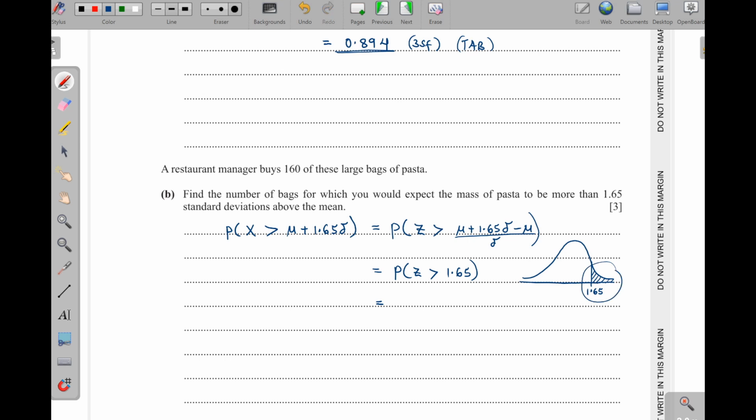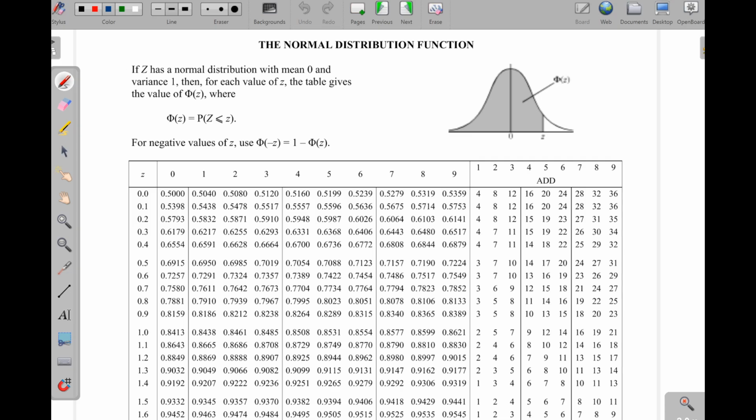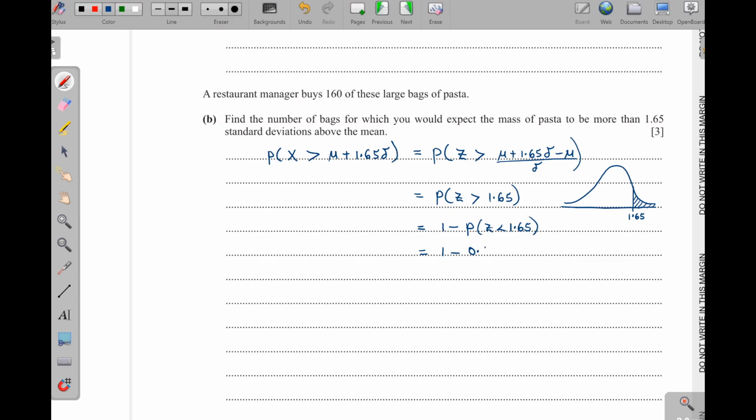So meaning for the greater than, it is going to be 1 minus the probability of Z less than 1.65. So let's go and look for 1.65. When we come to our table here, 1.6, we can see it here, then 5 is here. So when we come down here, it is then going to be 0.9505. When we subtract, what do we get?